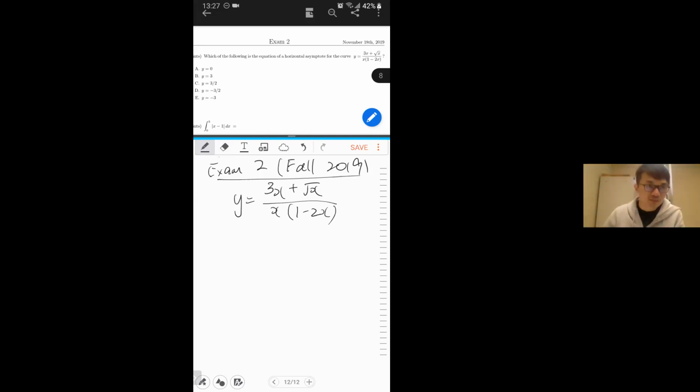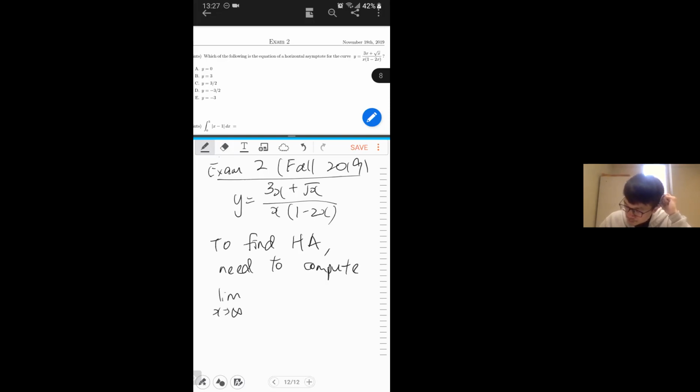Yeah, basically that. So we need to compute the limit when x goes to infinity and the limit when x goes to negative infinity. To find the horizontal asymptote, I need to compute two things. I need to compute this and this.